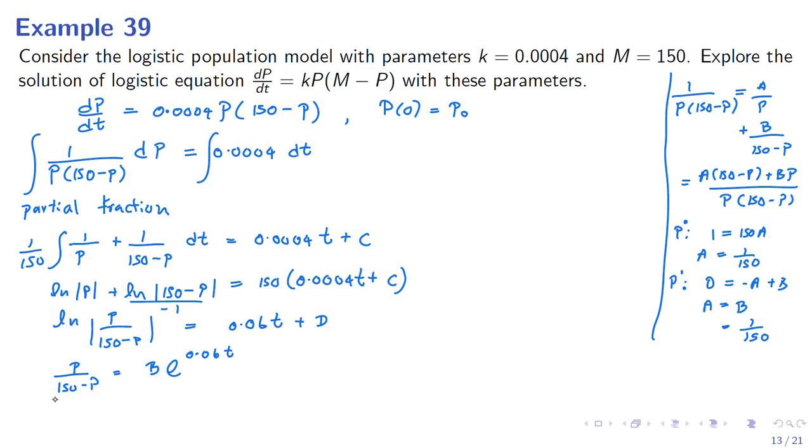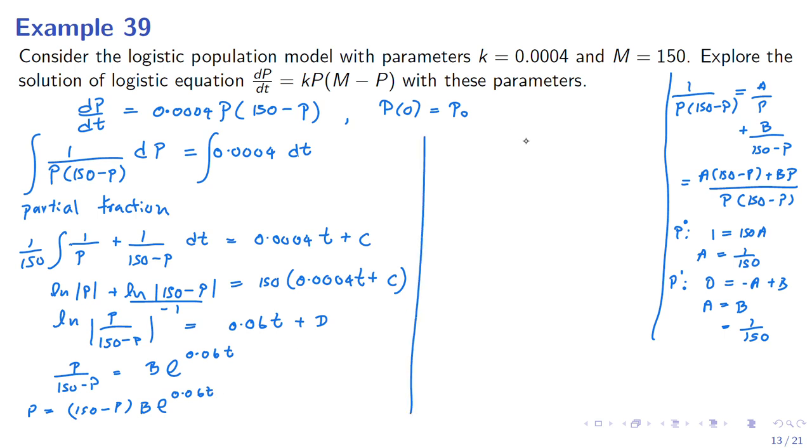Okay. So it takes a lot of steps to solve this one. So p will be 150 minus p times beta times e to the 0.06 t.